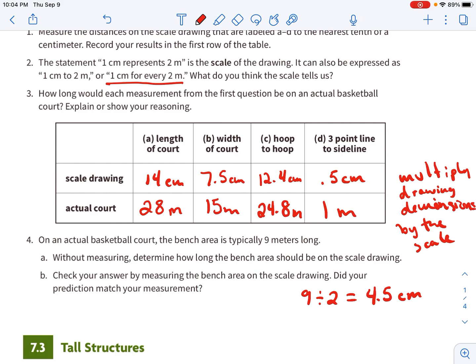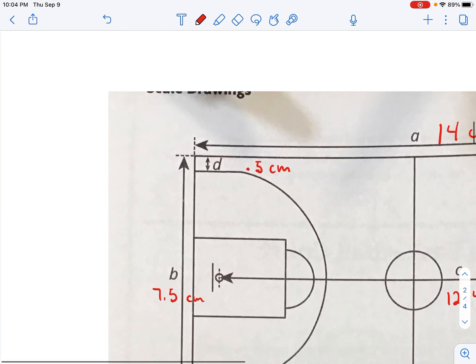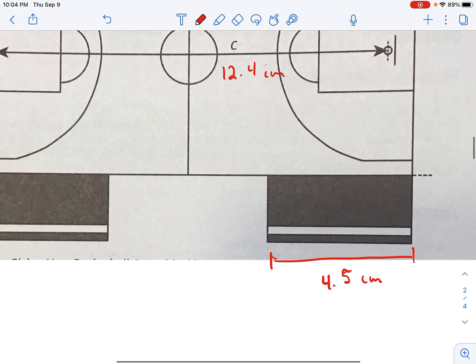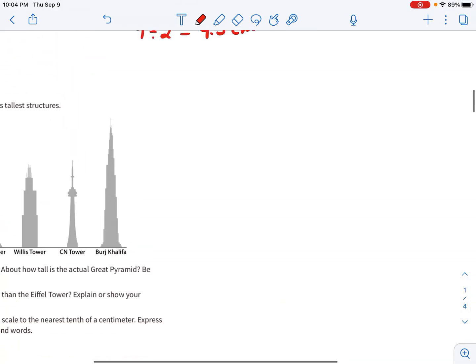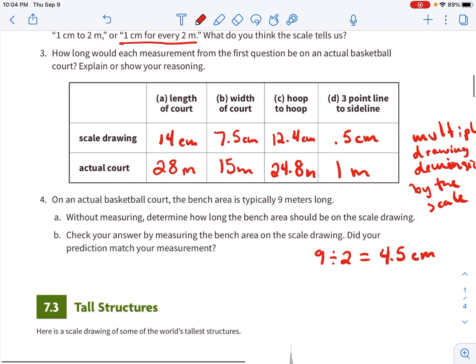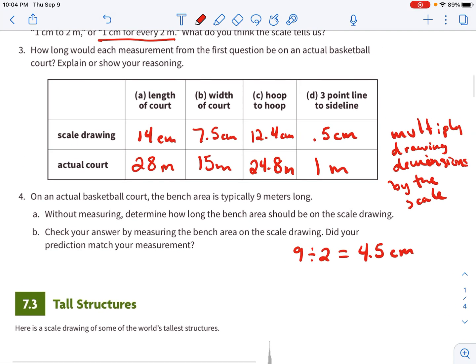And when you go down, I measured it, and sure enough, it is 4.5 centimeters. So that does match and follow that scale. Once again, if you're going from the drawing dimension to the actual, you're going to multiply. If you're going to go from the actual dimension to the drawing dimension, you need to divide or multiply by the scale's reciprocal.